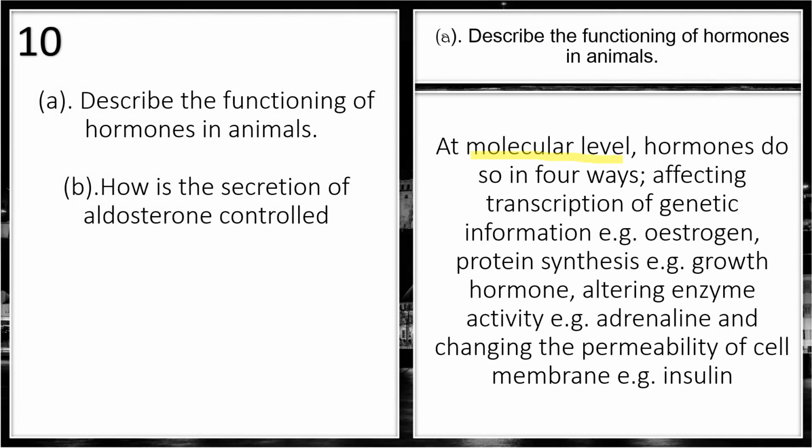Hormones at the molecular level do so in 4 ways: affecting transcription of genetic information, for example, estrogen; protein synthesis, for example, the growth hormone; altering enzyme activities, for example, adrenaline; and changing the permeability of the cell membrane, for example, insulin.